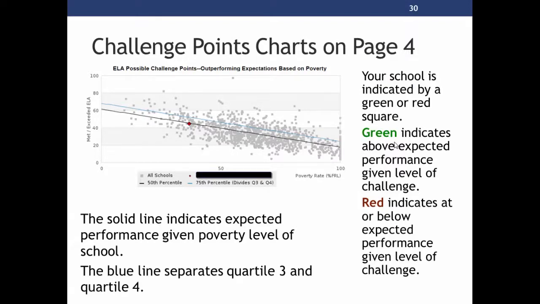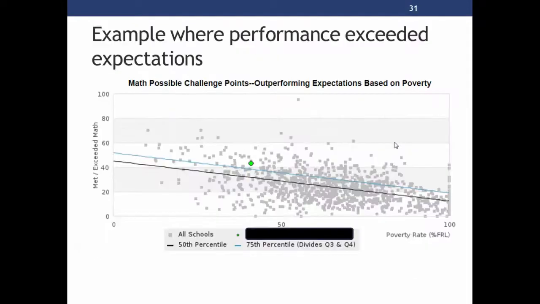The school in this example did not earn any challenge points for this subject, ELA. However, for math, this school landed in the top quartile. So this school earned 3 points for math based on outperforming expectations given the level of challenge or economic disadvantage in that school.